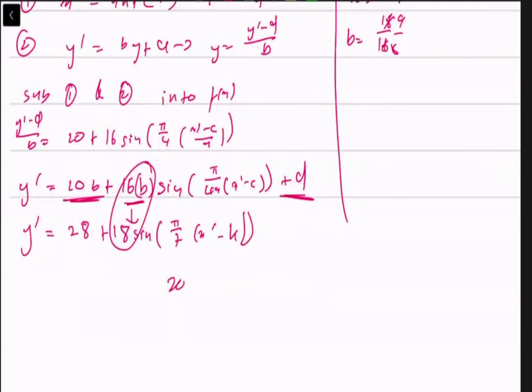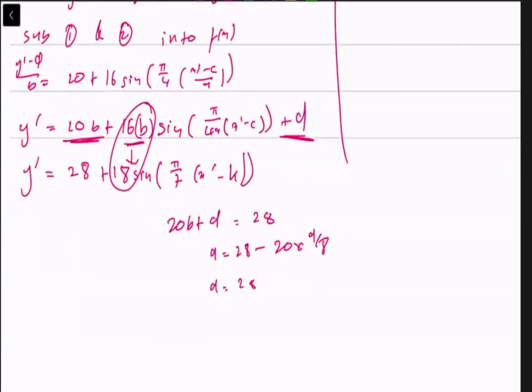Oh, I forgot the b. So 20b plus d is 28. So d is 28 minus 20 times 9 on 8. So d is 28 minus 45 on 2.